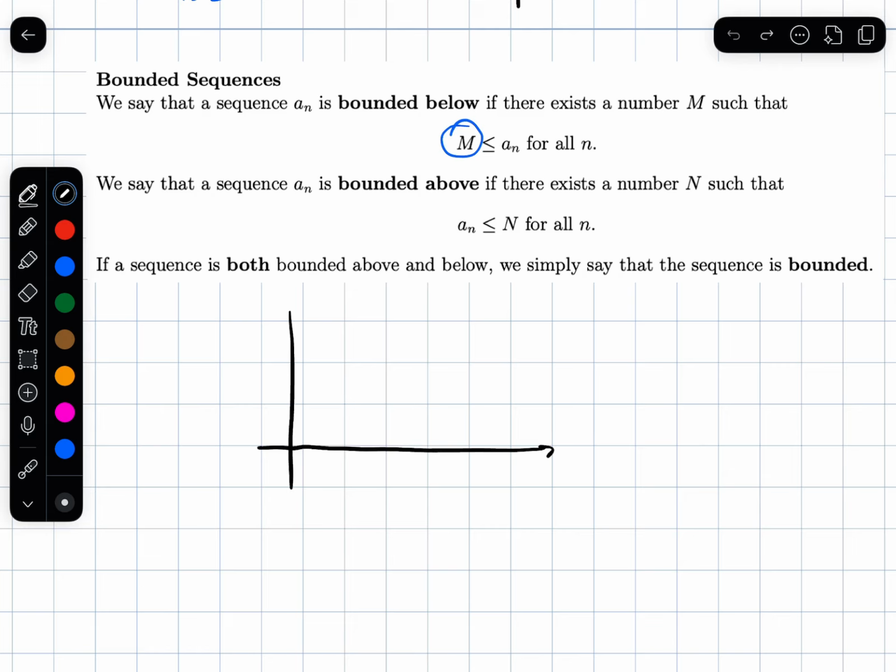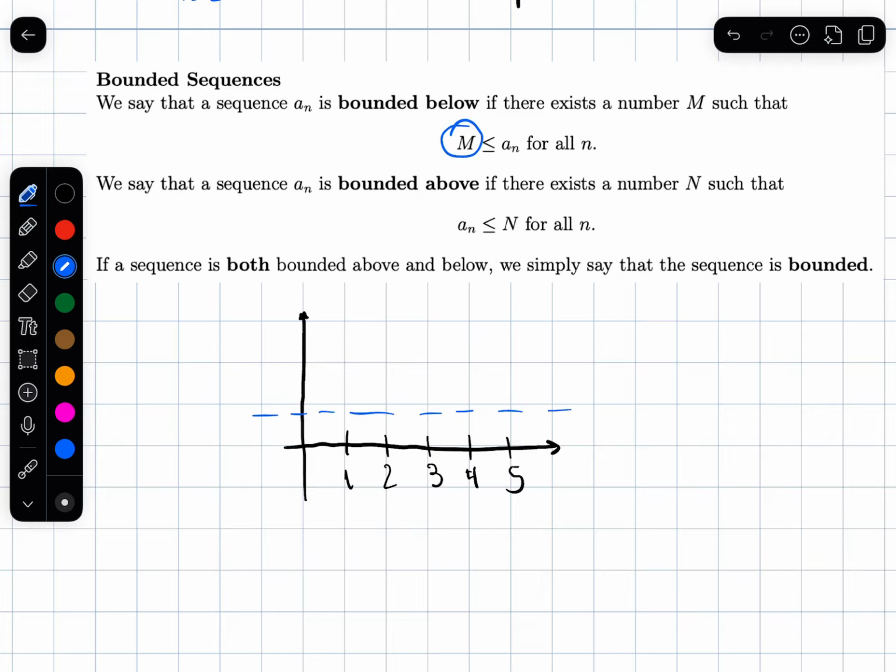so let me actually use the grid that I have. So this is 1, 2, 3, 4, 5. And let's say there's a certain m value here. Whenever I plot my sequence, let's say this is a1, maybe this is a2, and maybe the sequence goes up, and maybe it goes down.